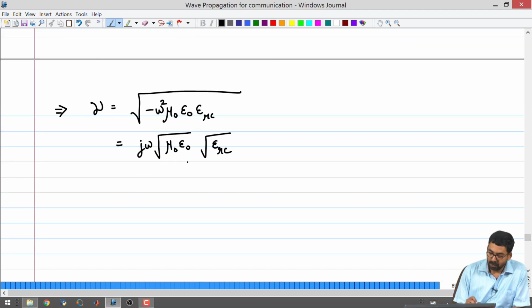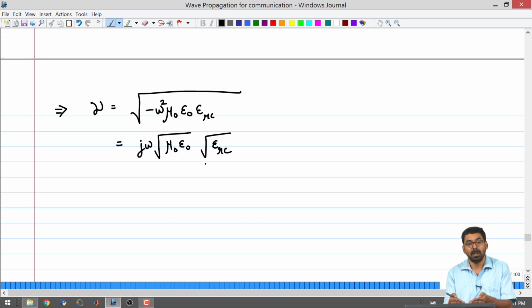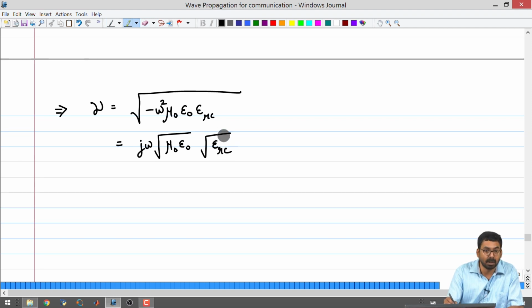And now, okay, by a casual look we might make a deduction that we have j omega something, which means that it is purely imaginary, but that is not true. That is the illusion that this substitution for epsilon RC is giving us. One should always remember in the back of the mind that this is again a complex number. So, even though you have written j omega something, here is a complex number.